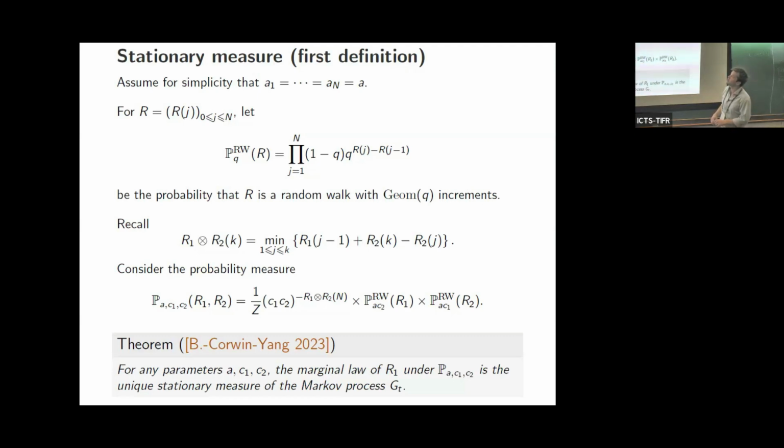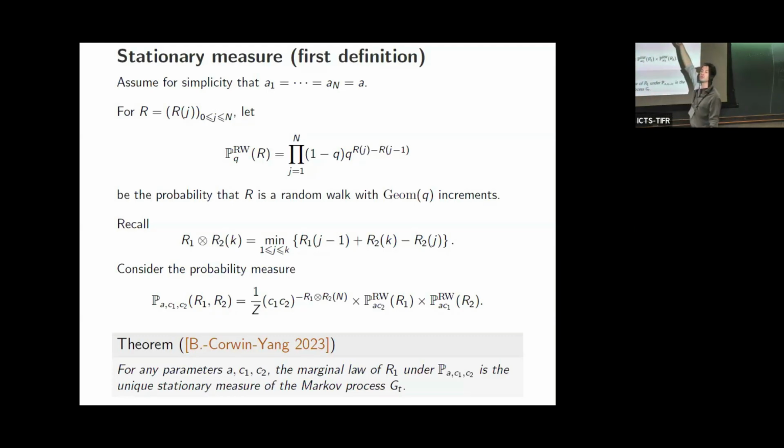So first of all, I define for R, so R is a sequence of numbers, which are integers here. I can see it as a trajectory of some random walk, if I want. And I denote by P superscript random walk of R, the probability that R is actually a random walk where increments are independent and geometric with parameter Q. So in other terms, my P of R is just a shortcut for this product here.